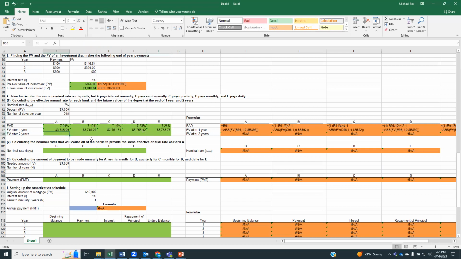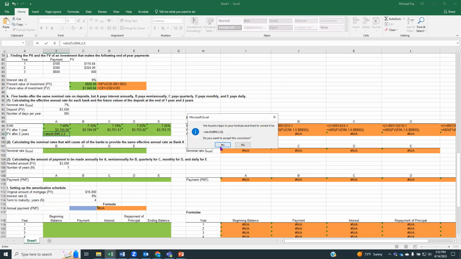But here now, we'll say this equals the absolute value of the future value of rate 7%, number of periods, I'm going to put 2, payment 0, present value 3,500.